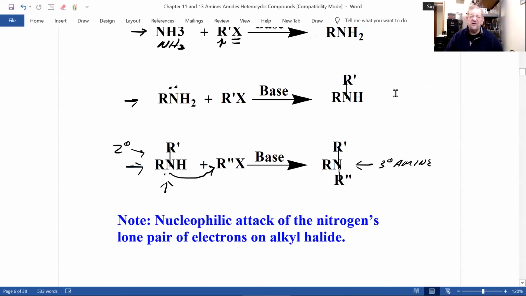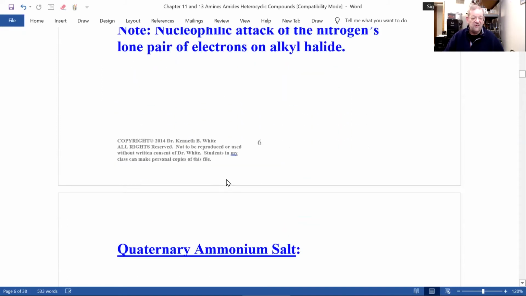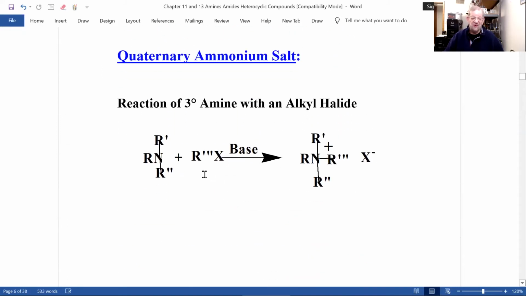Now, if you notice, the important thing is having a pair of non-bonding electrons that can attack a carbon in an alkyl halide. Alkyl meaning R group, halide meaning halogen. Well, guess what? You can still do that, and you can do the following reaction.